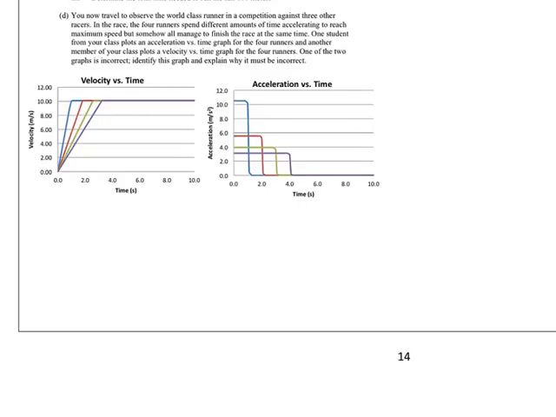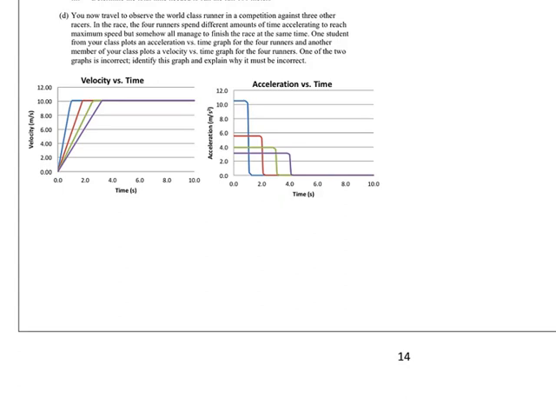Finally, in part D, they show you these 2 graphs, and it says that in this situation, there's 4 world-class runners. They all accelerate at different rates but reach the finish line at the same time. Okay.